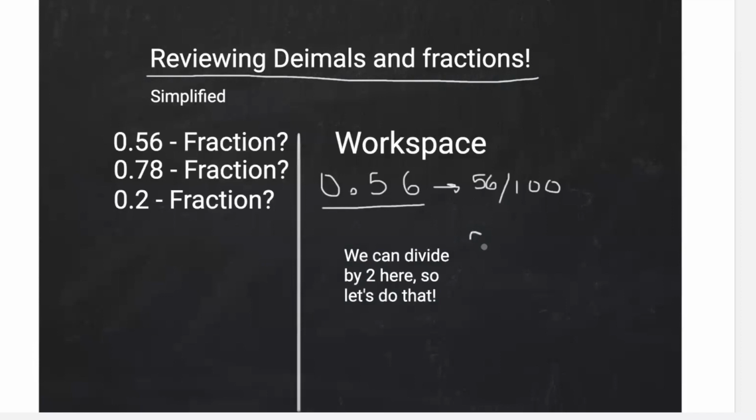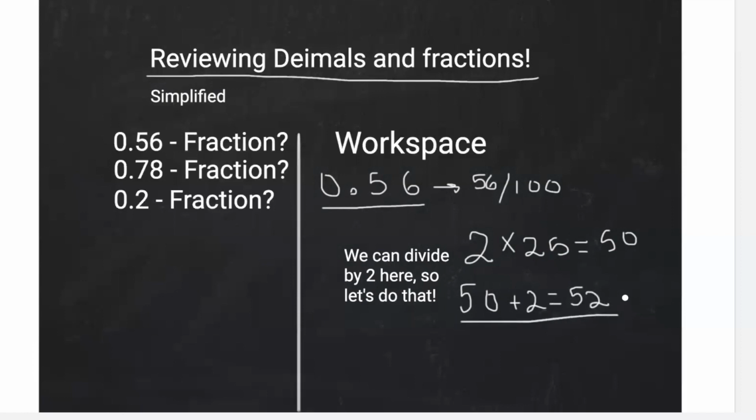And I know that 25 times 2 is 50, so that can help me to get to 56. So I can do 50 plus 2, which will give me 52. So we want to get to 52 because we're going to add 2 now, which would be 26 times 2.